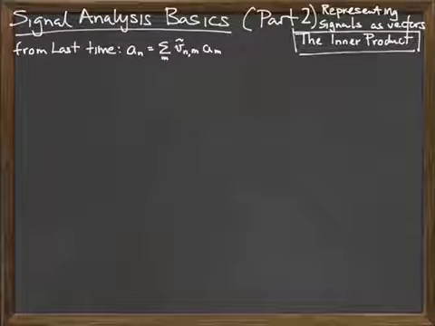Now, if you remember from last time, we were able to find the magnitude of a vector in the direction of n, if we knew what the magnitude and the basis vector, or the unit vector, in the direction of m looked like, and we knew what the basis vector in the direction of n looked like as well.